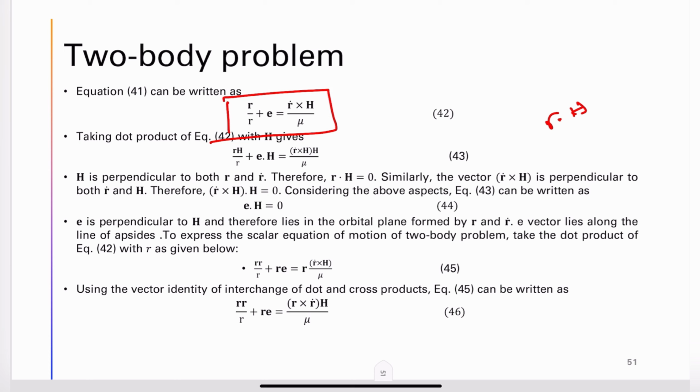Therefore the solution will be in the plane perpendicular to both r dot and h, because of which this dot product is going to be 0 again. Considering these in the above expression, we have e dot h is equal to 0, which means e is perpendicular to h and therefore lies in the orbital plane formed by r and r dot. e is the vector along the line of apsides.